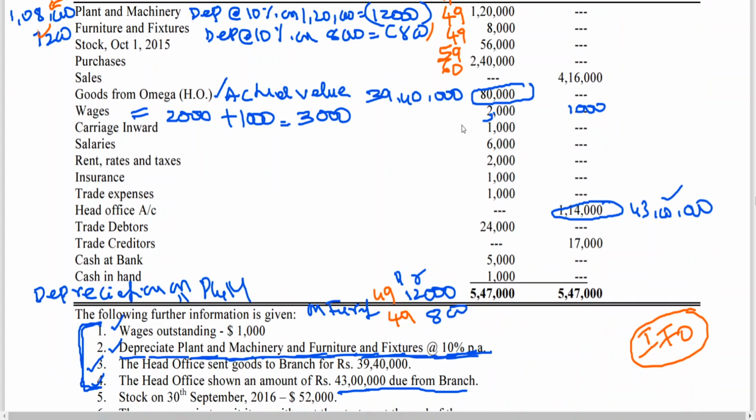Now, sales. You know that for sales and purchases, actually, you have to take the actual exchange rate. Since it is absent, which rate will we take? Average rate. What is the average rate here? 62.